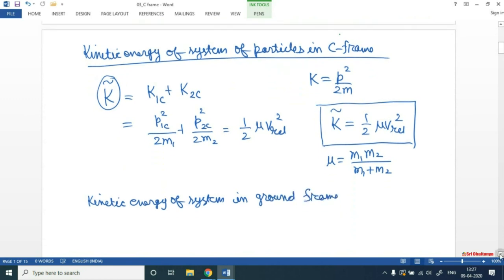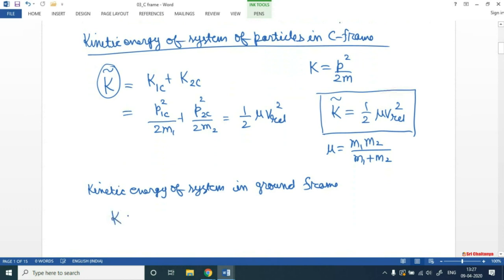In the ground frame, simply the kinetic energy would be nothing but half m1 v1 square, or simply half summation of mi vi square. This term we can use. And vi here is the velocity of the ith particle with respect to the center of mass plus the velocity of the center of mass, we can write.